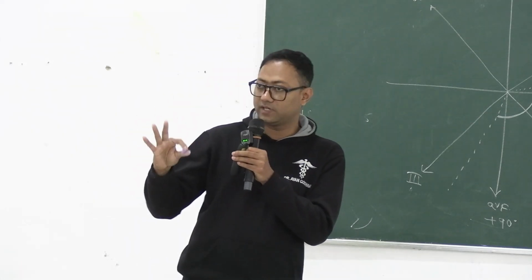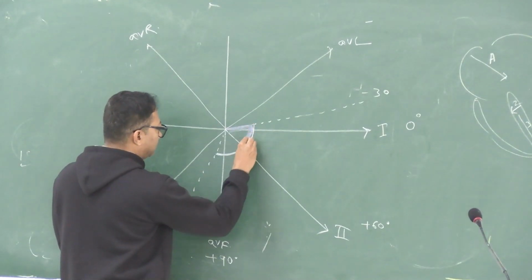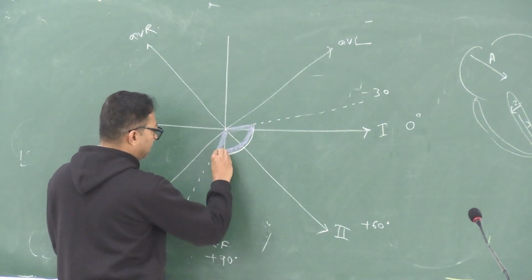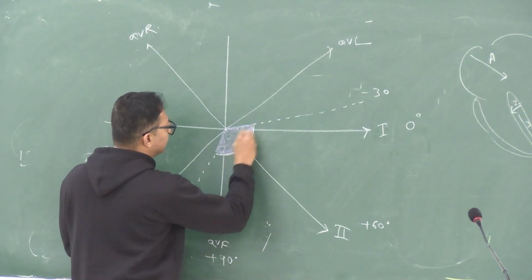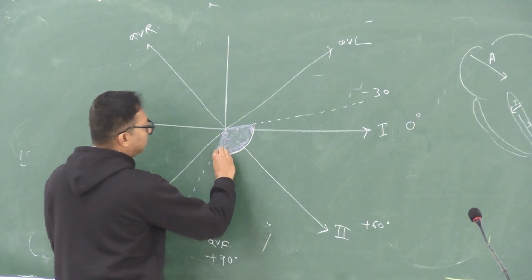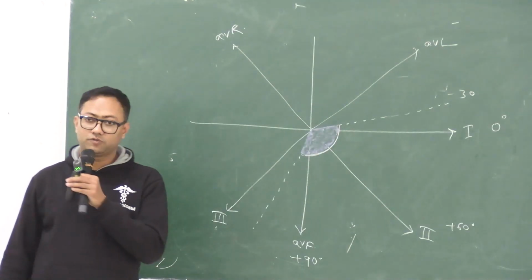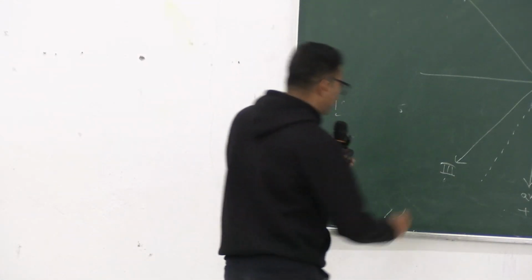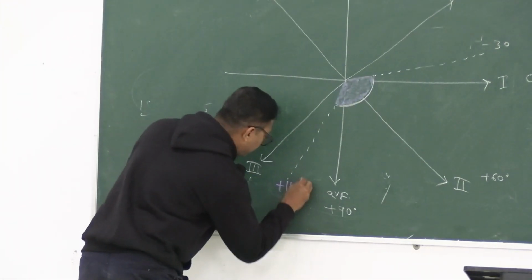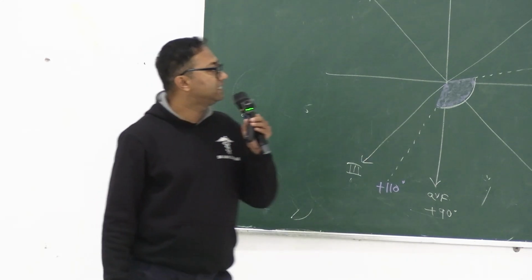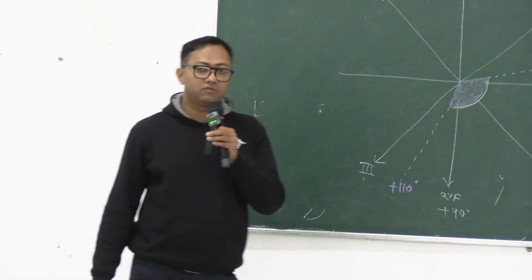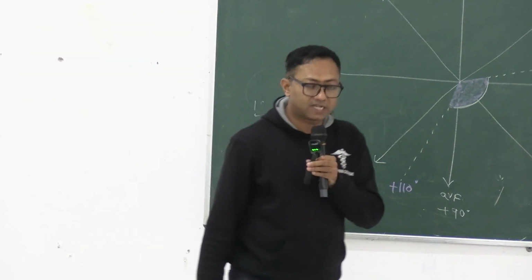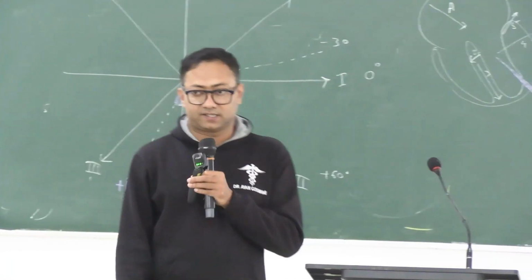In a healthy individual its direction should fall within minus 30 to plus 110. We call it the normal axis.